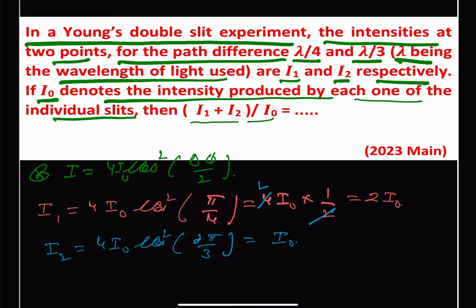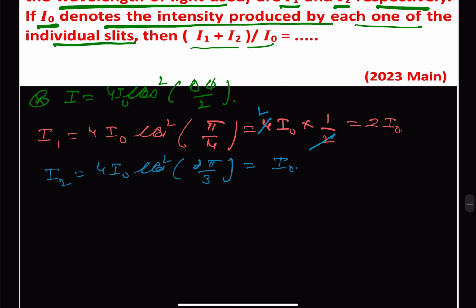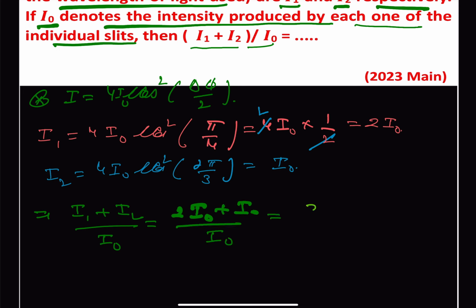And we have to find out I1 plus I2 divided by I0. I1 plus I2 becomes 3 I0, divided by I0, this comes as 3. So 3 is the ratio.